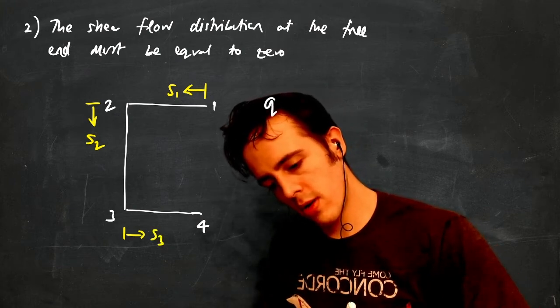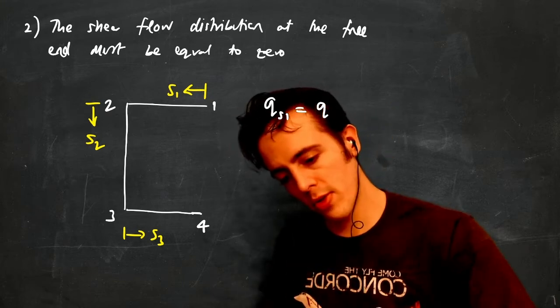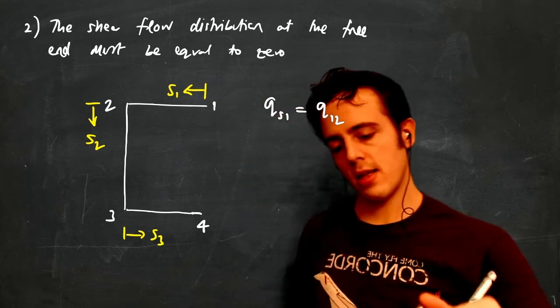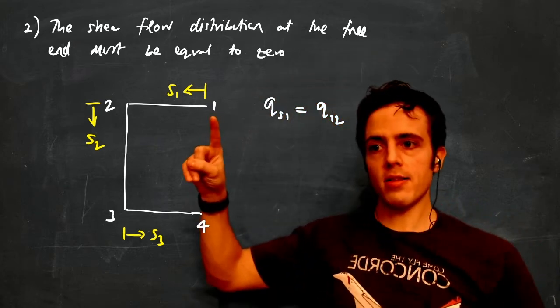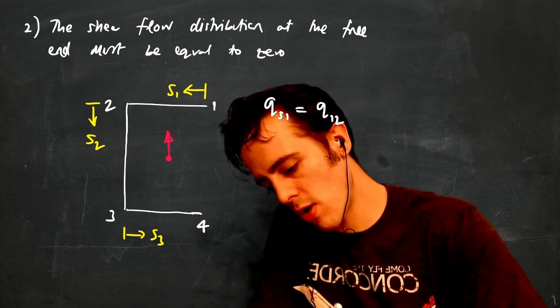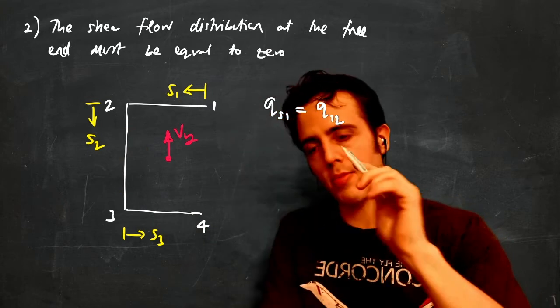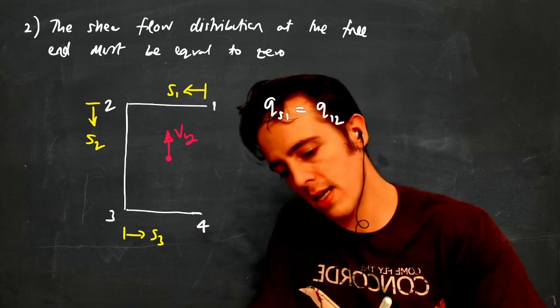So QS1, which you could also see, Megson would call this Q12, but I quite like the QS in this sense. Then we define this as starting here. Imagine if we now apply a shear force of Vy here, then we would be able to say that the shear flow from here to here is given by the equation that we've been using.